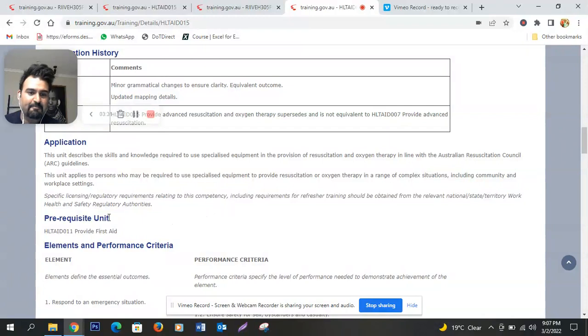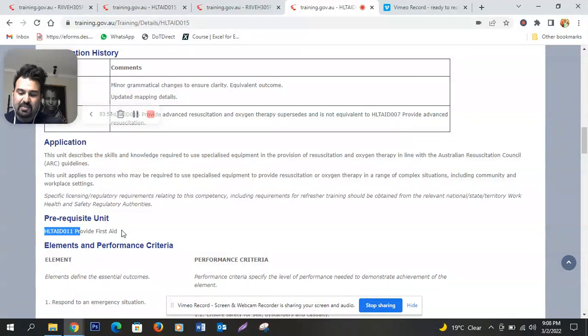It means that a student should have been deemed competent in HLT8011, provide first aid, before they can attempt this unit's teaching, learning, and then obviously the assessment for it.